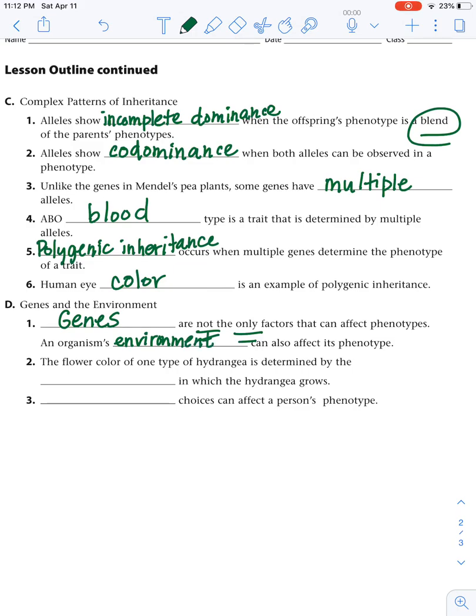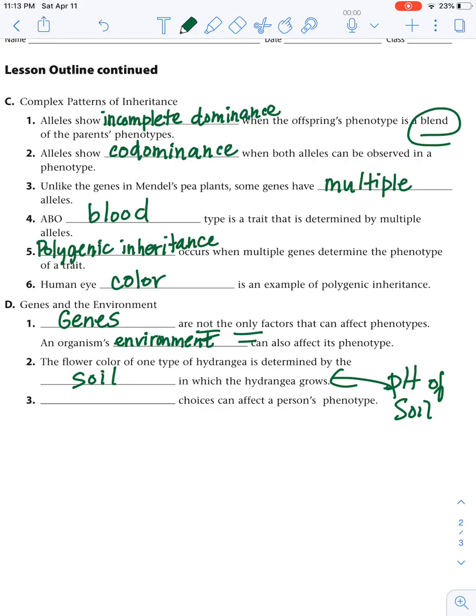For example, the flower color of one type of hydrangea, like a snowball looking bush. You know, the hydrangea looks like it's got big flowers that look like snowballs on it. So the flower color of a hydrangea is determined by the soil in which the hydrangea grows, and in fact is determined by the pH of the soil. Okay, whether the soil is acidic or alkaline.